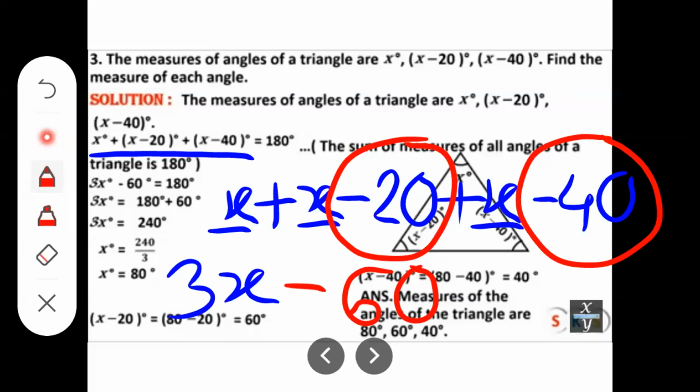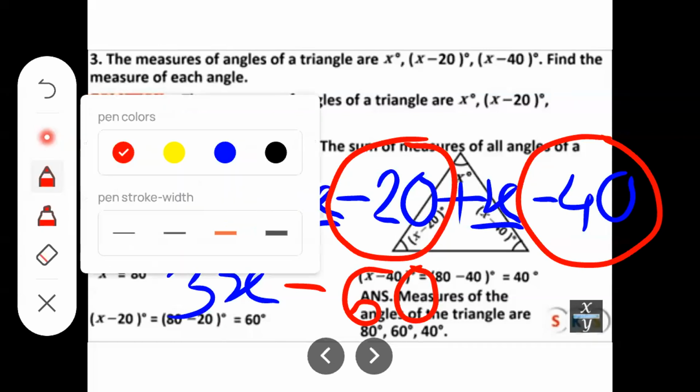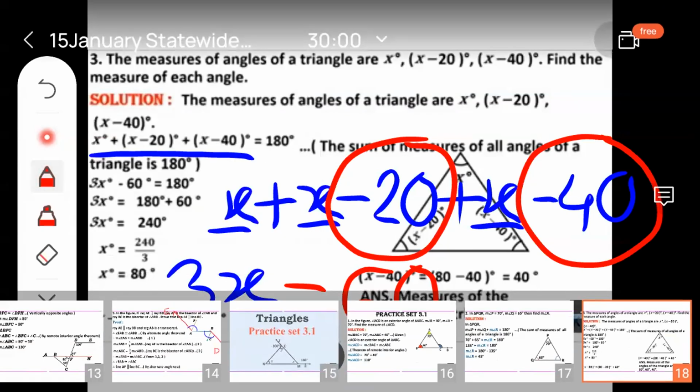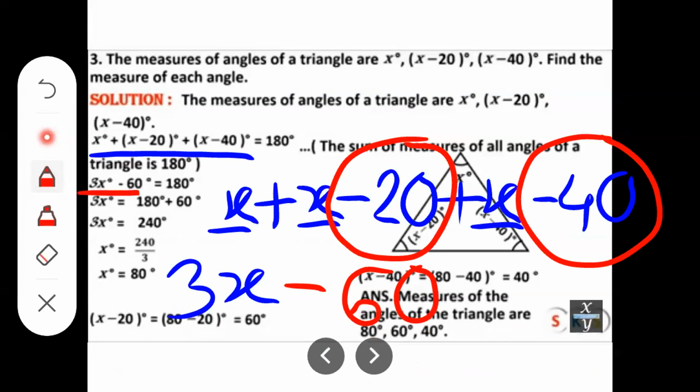So the step is 3x minus 60 degree. Here is the step I have written. 3x minus 60 degree equal to 180 degree. Understood? Now by the calculation, here you can find the value of x.